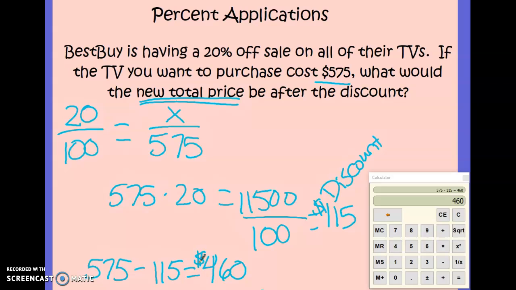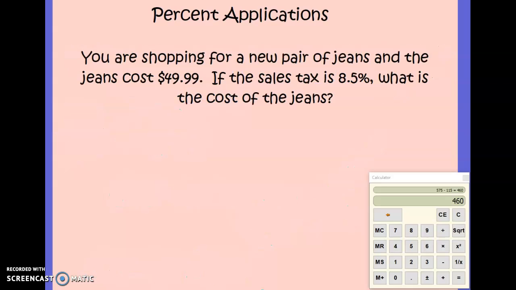Okay, so let's look at the next one. You were shopping for a new pair of jeans, and the jeans cost $49.99. If the sales tax is 8.5%, what is the cost of the jeans? Okay, so this one we're adding sales tax in, and when we went through our notes the other day, we said that sales tax was an increase, or we were going to add our numbers.